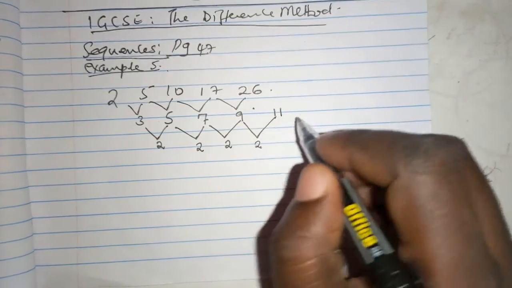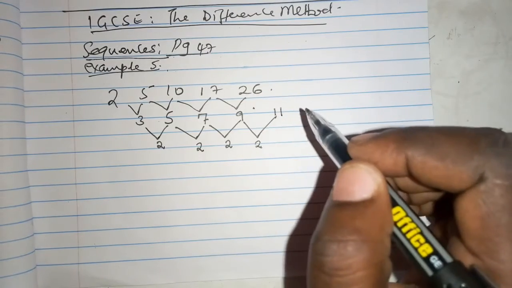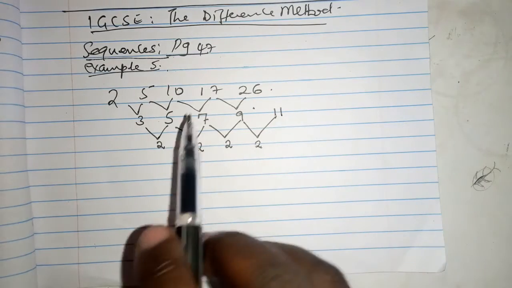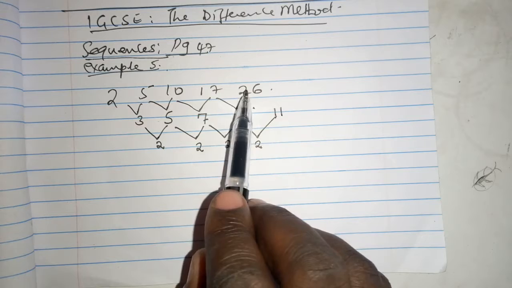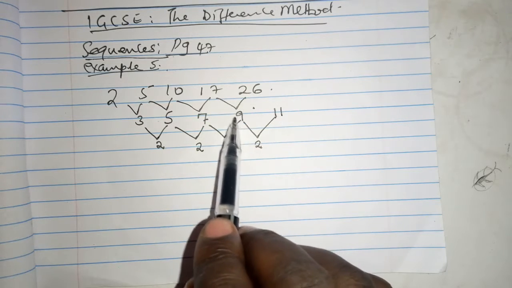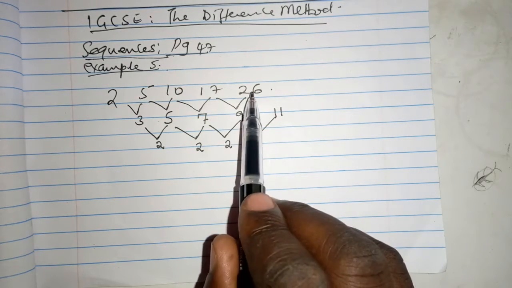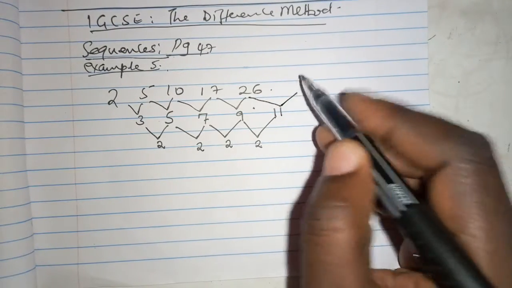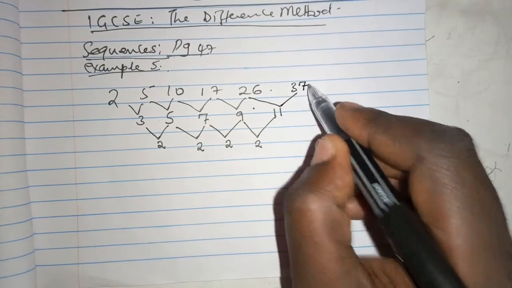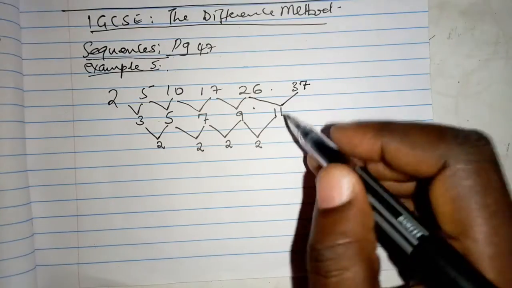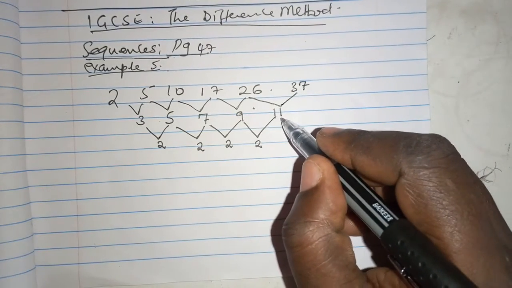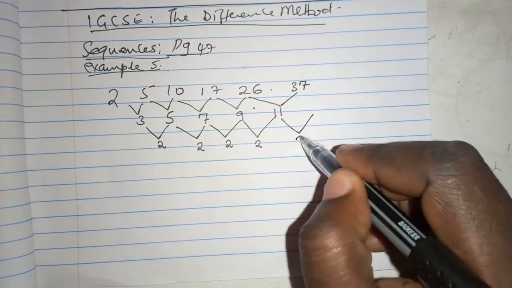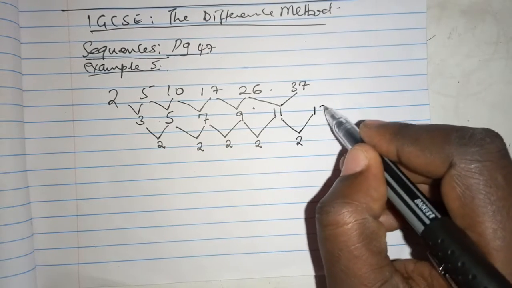What does this 11 mean? It means that from 17 to 26 we added 9, so from 26, to get to the next one, we have to add 11, and you're going to get 37. And the difference between 11 and the next has to be 2, so you're going to have 13.